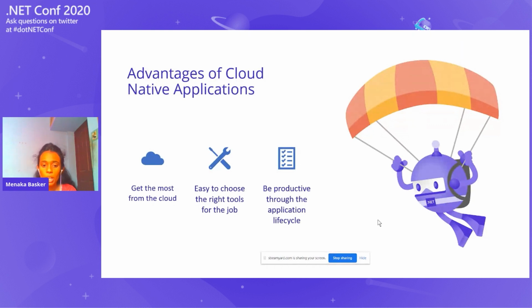It's productive through the application lifecycle. Fault management, any issues, container health, service monitoring, everything can be handled through a single view. In a single UI, I can manage everything my application does after deployment. This is one of the major advantages of cloud native application.